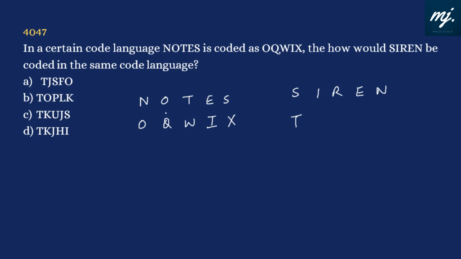ST, OPQ, IJK, then ST, we have UVW, RSTU. It should be TKU. TKU, yes, that fits in option C.